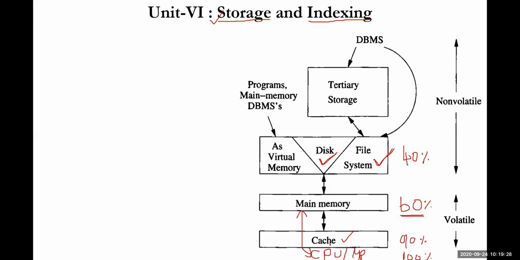If you put the cache between microprocessor and main memory, it works out to approximately 90%. That is why cache memory was introduced between main memory and microprocessor, so that the speed of your system is increased enormously and the idleness is reduced to 10%.